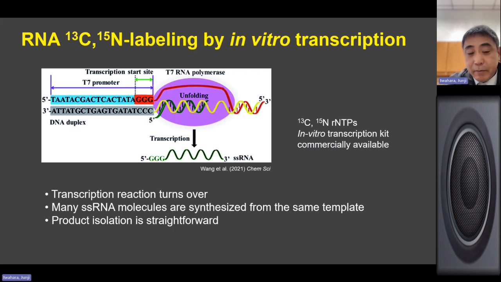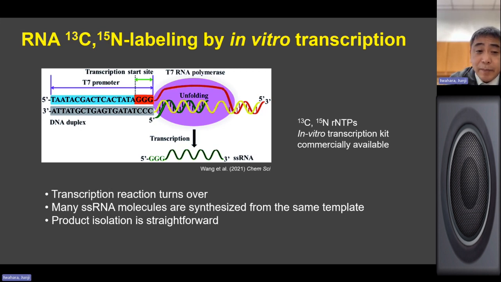the methodology for labeling is well established, and people use in vitro transcription with T7 RNA polymerase together with carbon-13, N15 labeled rNTPs. This is a well-established method, and everything is commercially available. The good thing about this methodology is that the transcription reaction turns over.